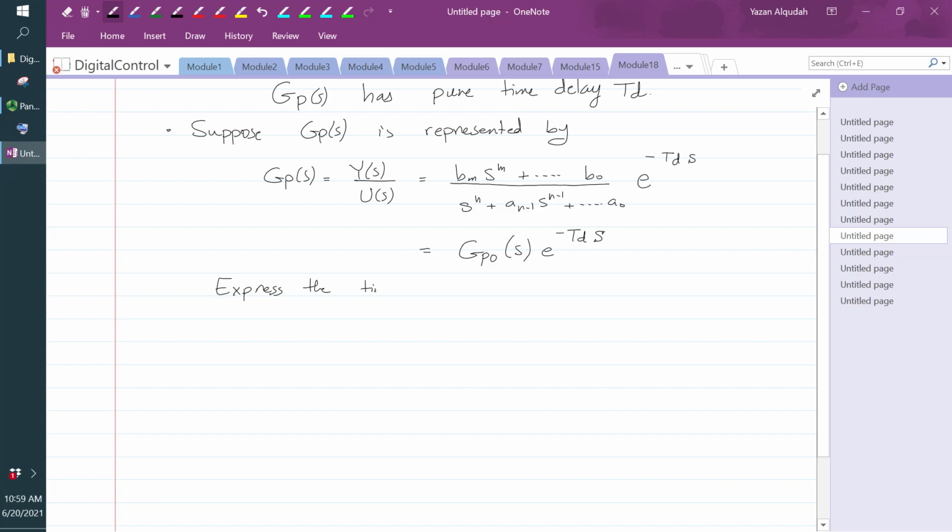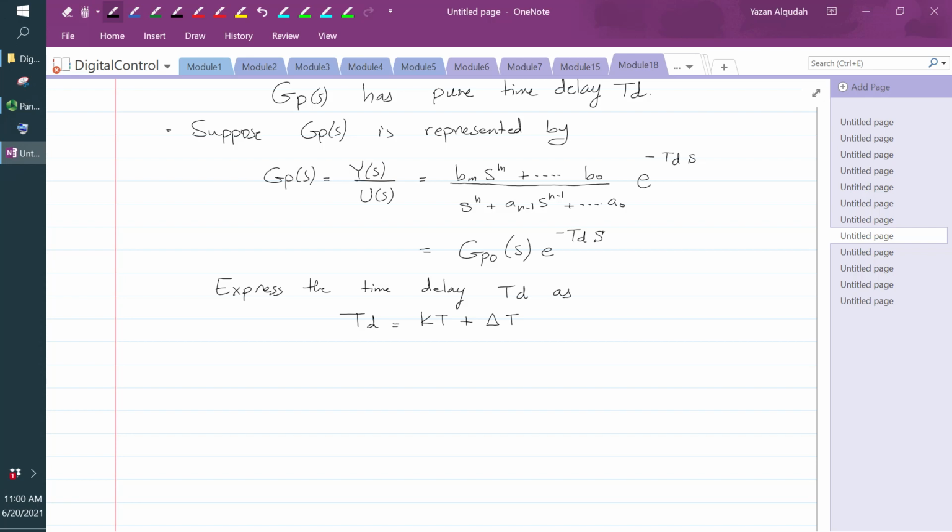So in this case, we're going to express the time delay TD as the following. TD is going to equal K multiplied by T plus delta multiplied by T. Depending on the time delay that we have, the time delay might be greater than T. If it is greater than T, we'll take the T part together and take the fraction of the T as separate.